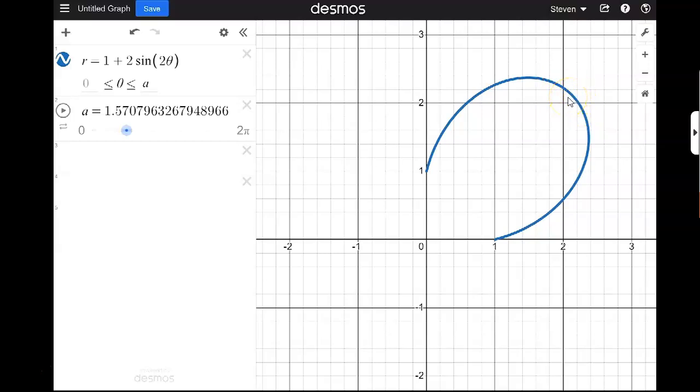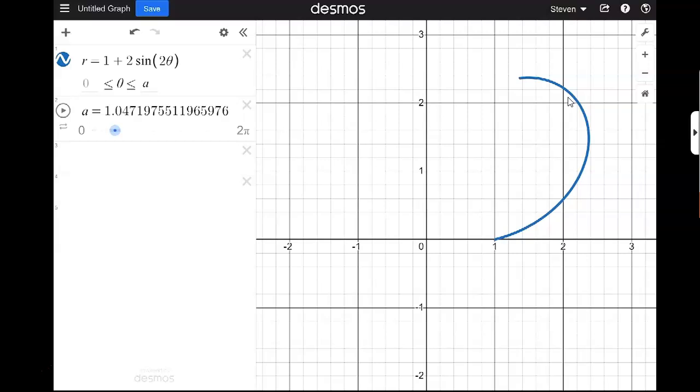And then 5 pi over 12 is 75 degrees. Is that right? So let's get our bearings here. 45, 60, 70.